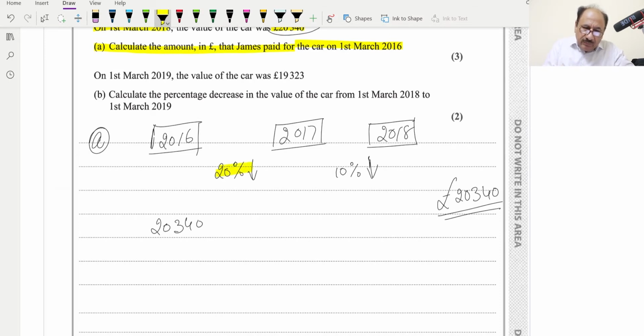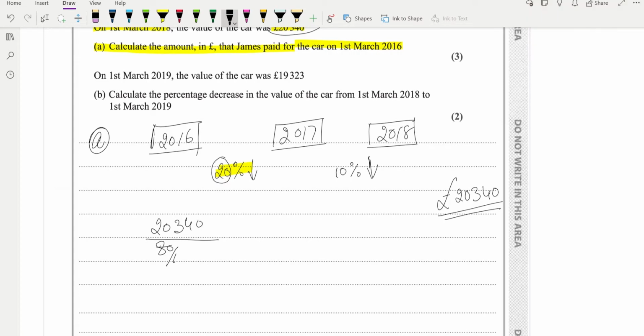After a 20% reduction, we will divide by 80, because 100 minus 20 will be 80. So 80%, and then for the second time we'll reduce it by 10%. For 10% we will divide by 90 over 100, because 100 minus 10 will be 90. So we are dividing it by this.